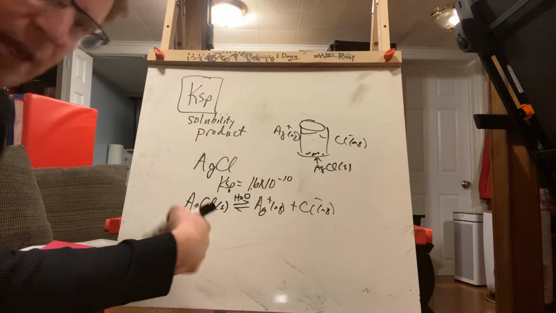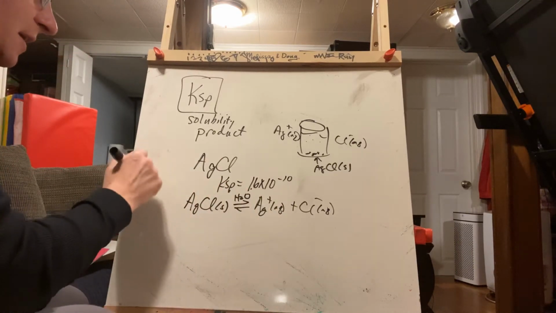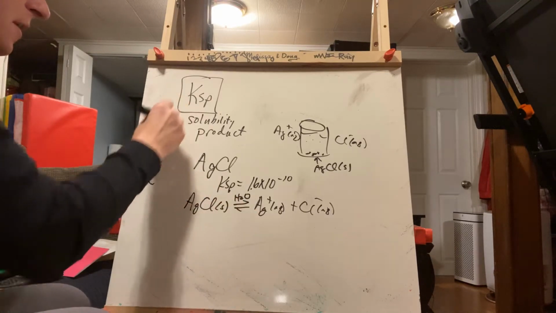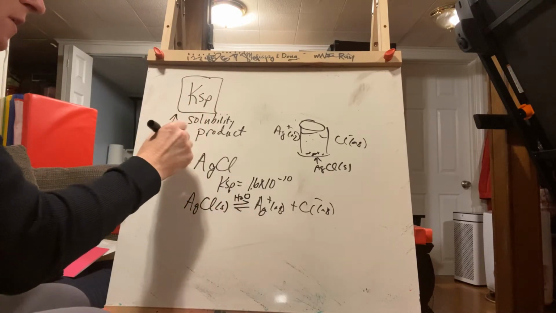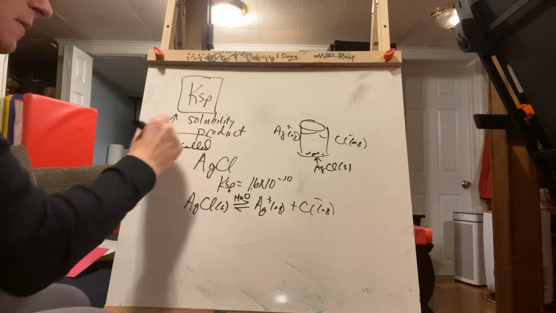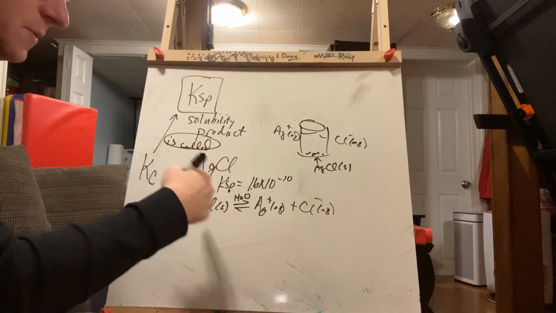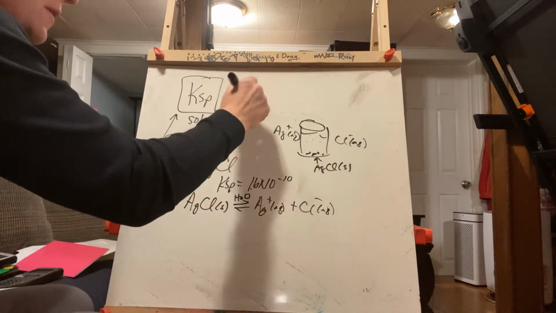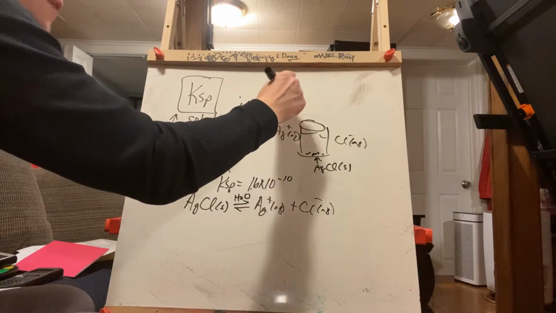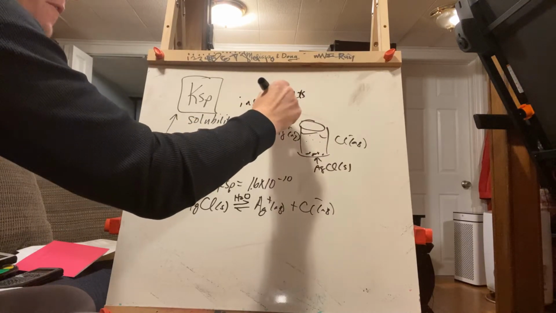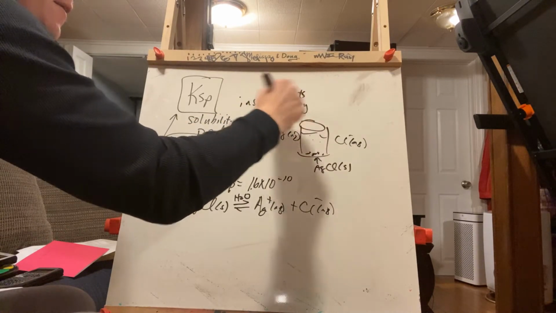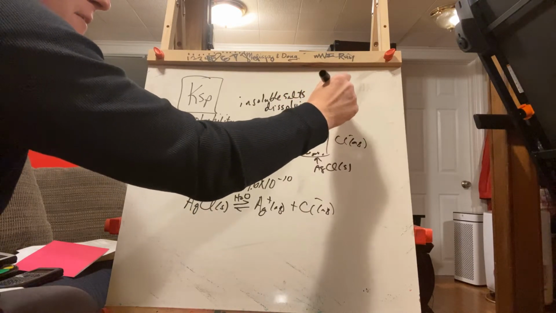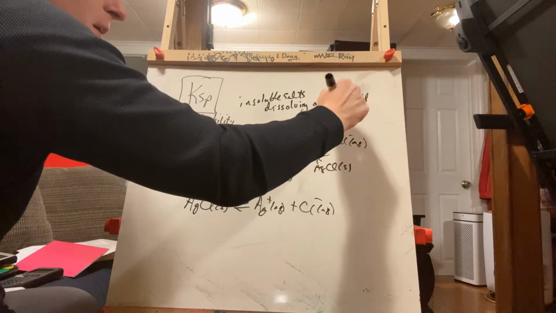In this case, if I said, what's your Kc? Well, the Kc of this reaction is called the KSP. So solubility product is usually of insoluble salts dissolving a very small amount.